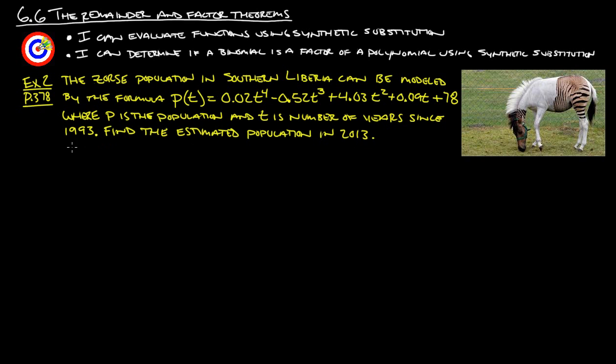So what we want to do there is figure out, from 1993 to 2013 gives us 20 years. So what we can do with our synthetic substitution is put 20 in our box, and then we're going to bring all these coefficients down. So 0.02, negative 0.52, 4.03, 0.09, and 78. So we have all of our powers. We don't have to put any zeros in.